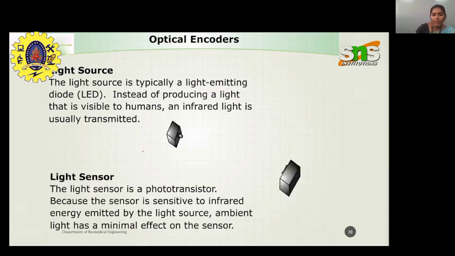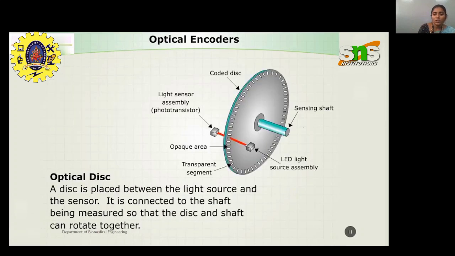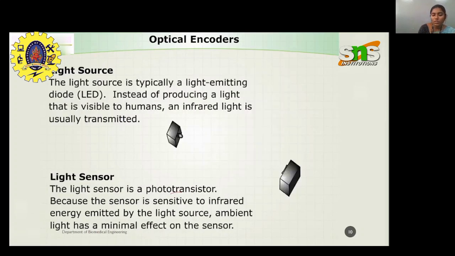Next, we have a light sensor. Here they have taken a phototransistor as the light sensor, that is the light detector. The incoming light is sensed by the phototransistor and converted into an equivalent output voltage signal. That is the main role of the light sensor here. The phototransistor works on the combined principle of a photodiode plus a transistor.